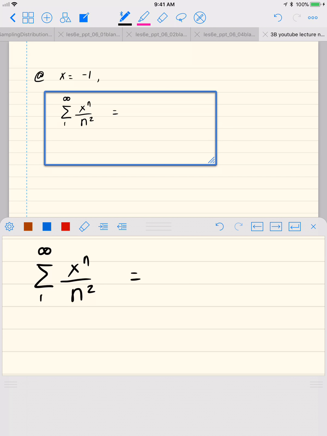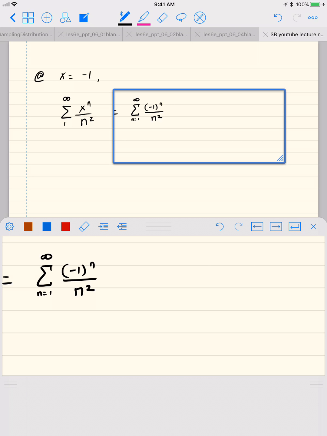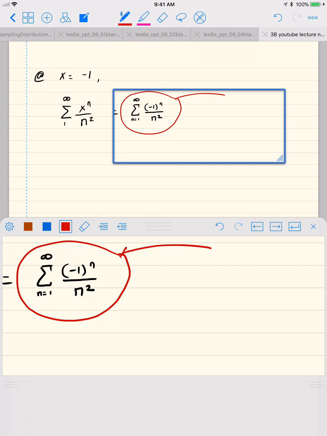So if we plug in x equals -1, then we'll have the sum from n equals 1 to infinity of -1 to the n over n squared. Now this series is absolutely convergent.